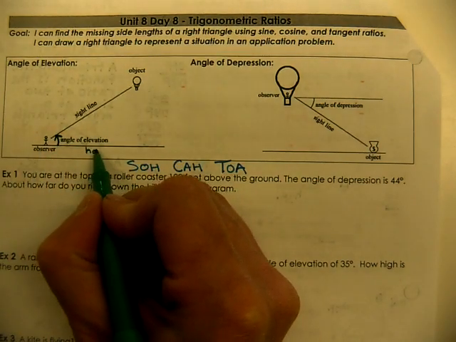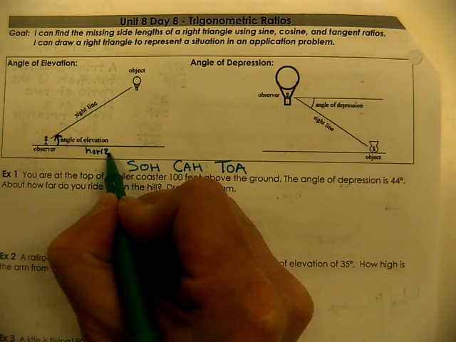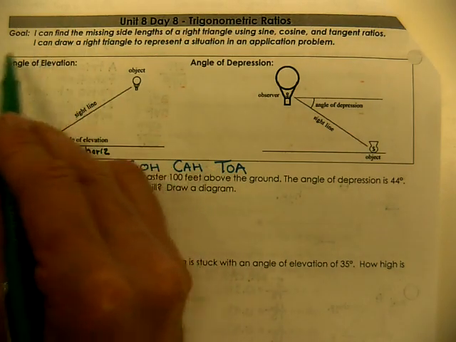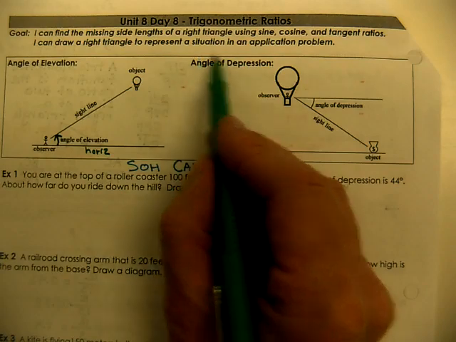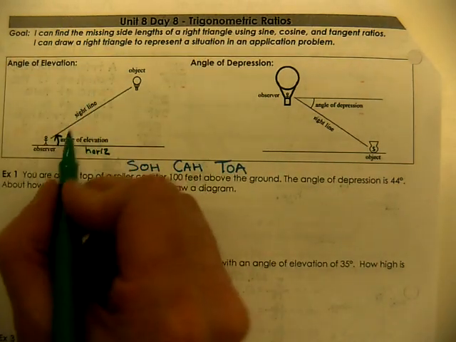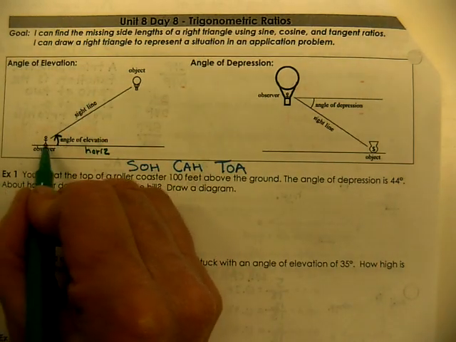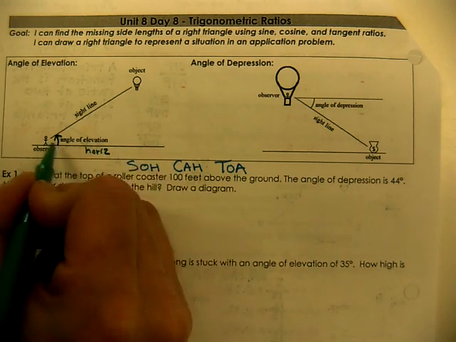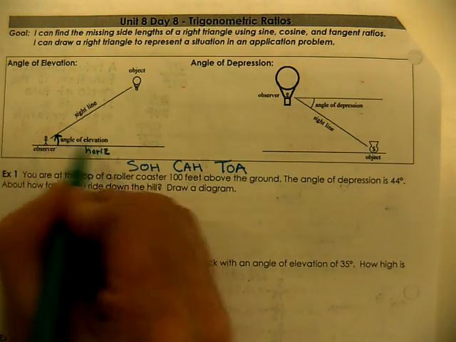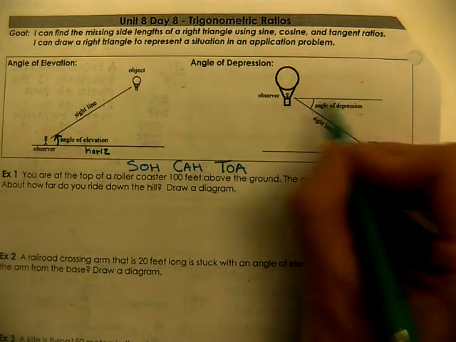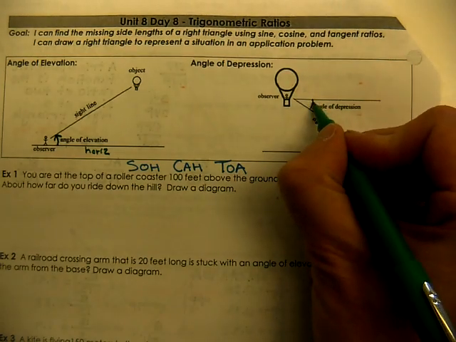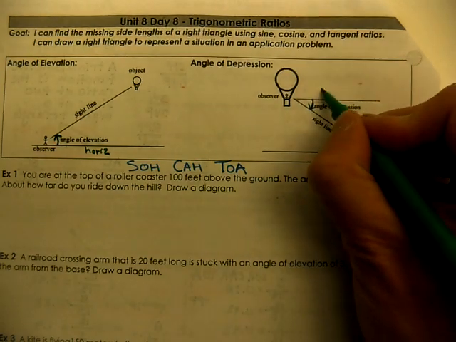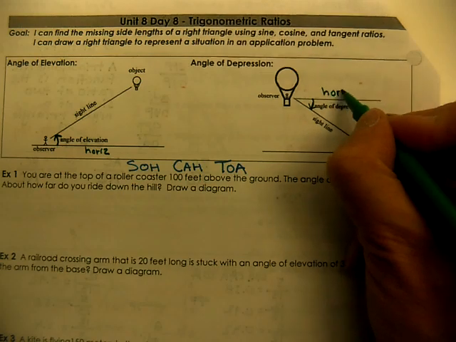So in both of these kinds of angles, you absolutely must have a horizontal reference line because you are looking upwards from that horizontal line. Or in this case, you are looking downwards from a horizontal reference line.